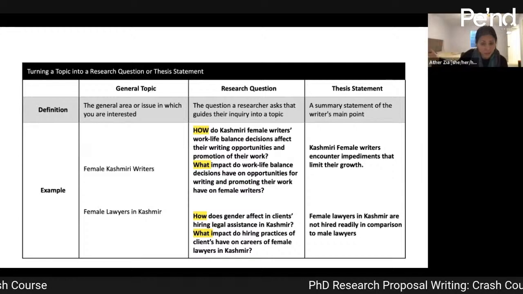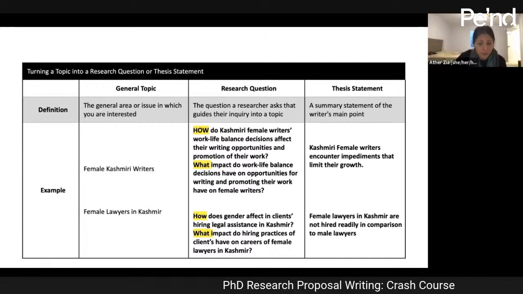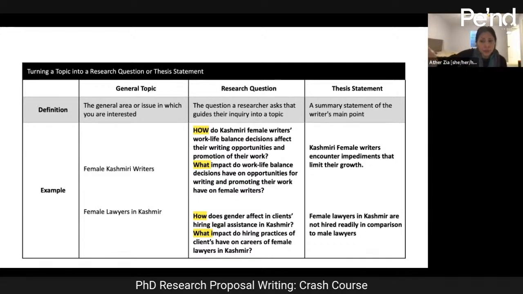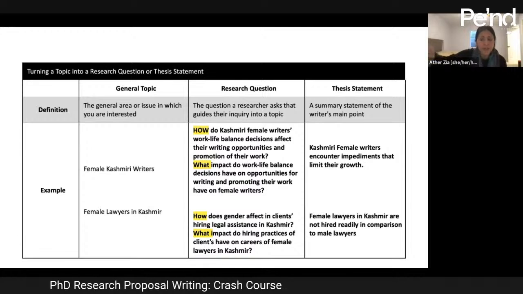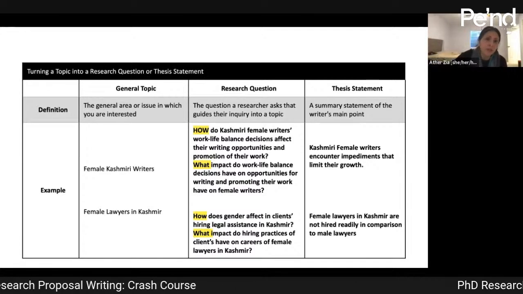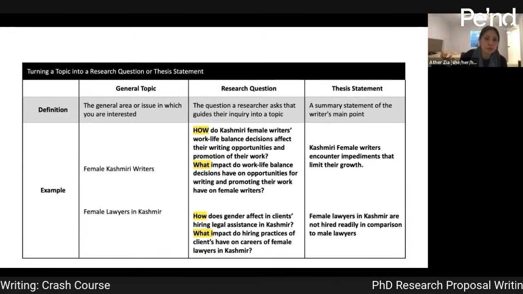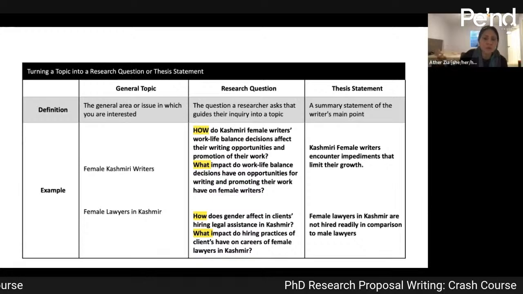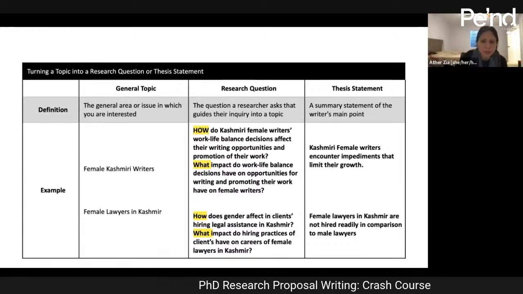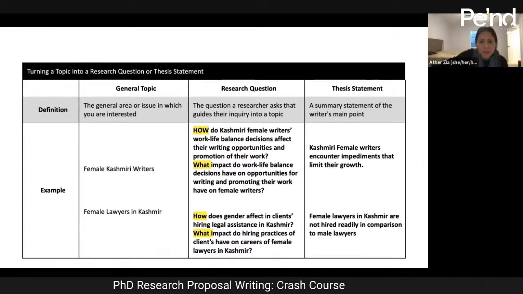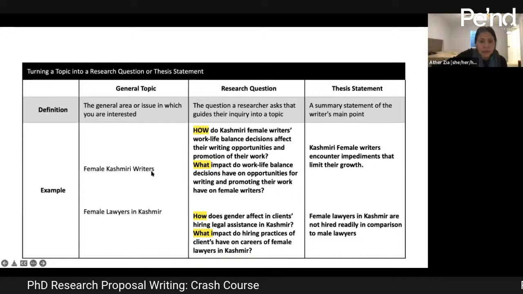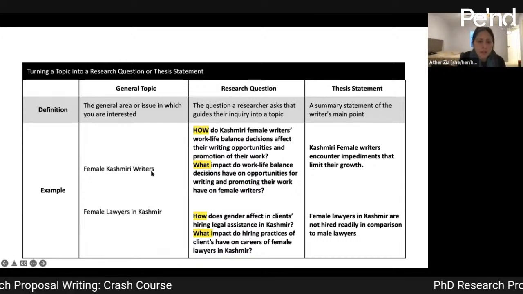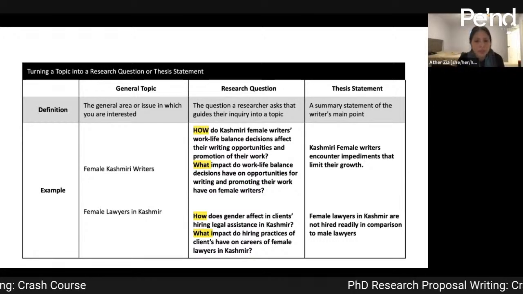This is actually affecting how you're going to do this in the field. And then your thesis is Kashmiri female writers encounter impediments that limit their growth. So that could be your stance, and you could prove it, you could disprove it, or it could just remain as is.